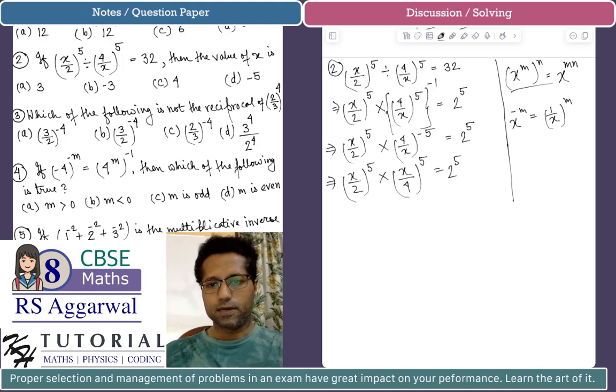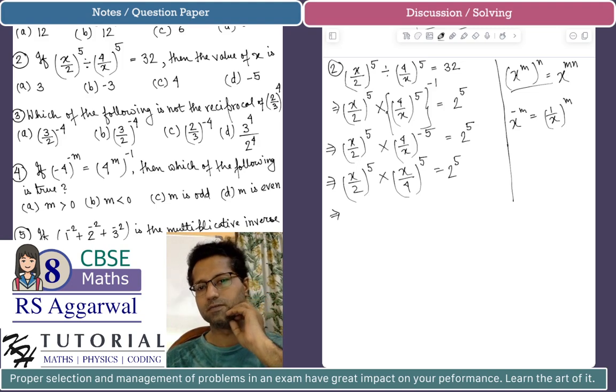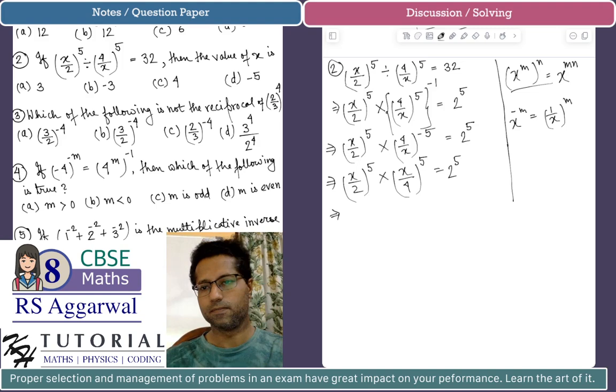Now I can see in the left hand side, it's a product of two exponential terms, where the first base is x by 2 and the second base is x by 4, but the powers are the same. Now I will apply the concept that x to the power m multiplied by y to the power m is equal to x into y whole raised to the power m.